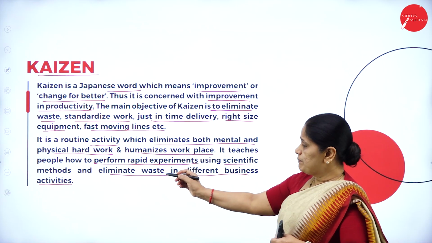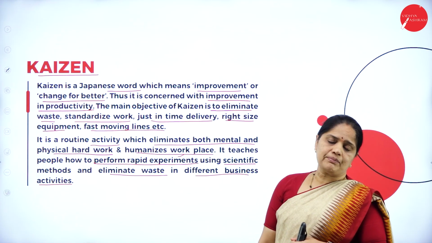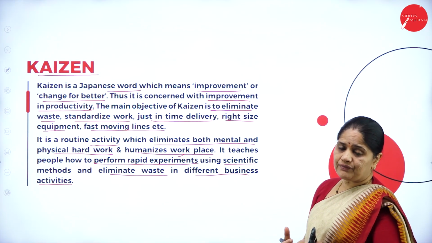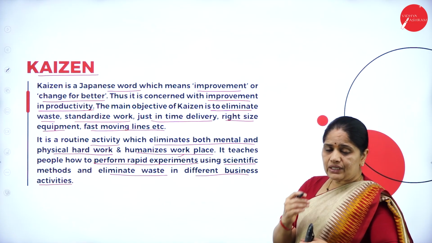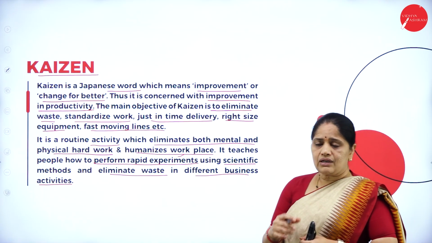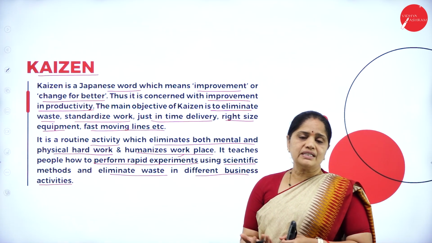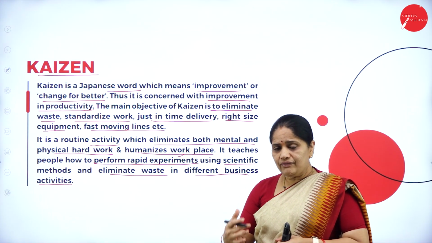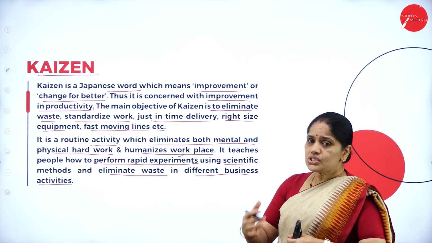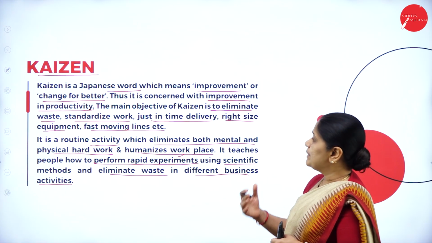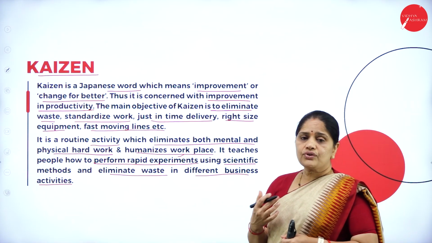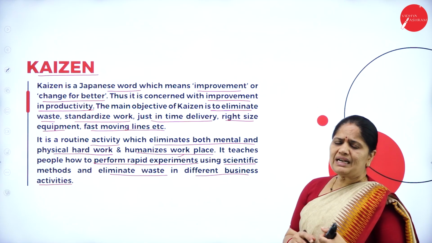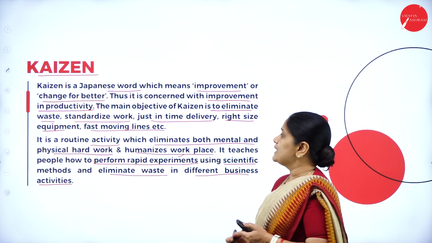So it teaches people how to perform rapid experiments using scientific methods, and we will reduce the waste in all the different activities. So whatever waste is going on, all that has to be reduced and we have better motion methods. So in this way, Kaizen means improvement or change for the better. That is improvement of the production activities, improvement in all aspects of the organization.